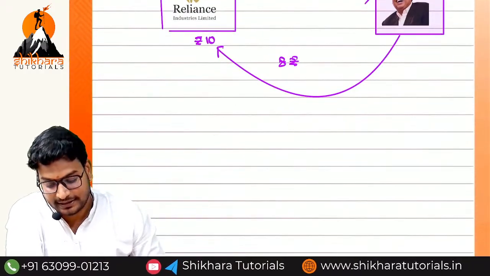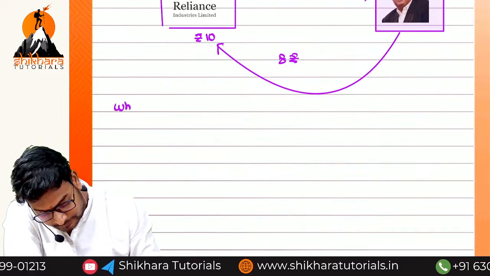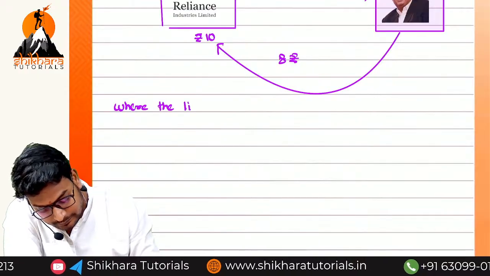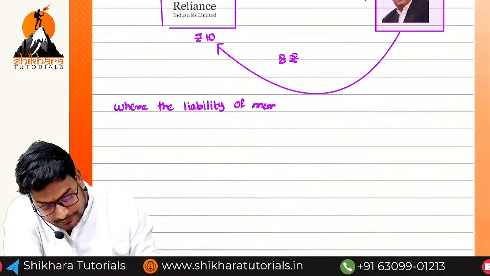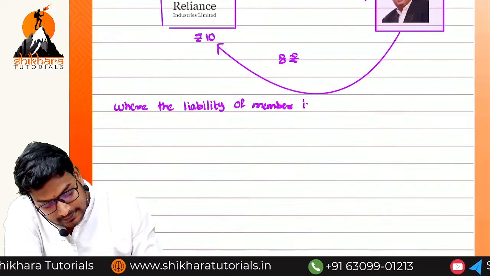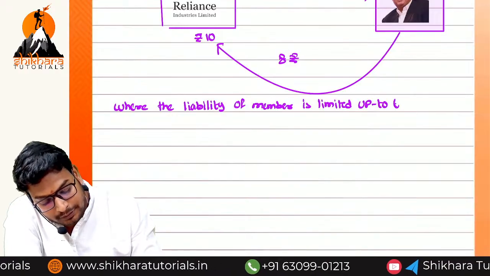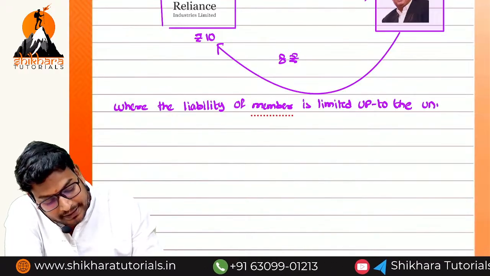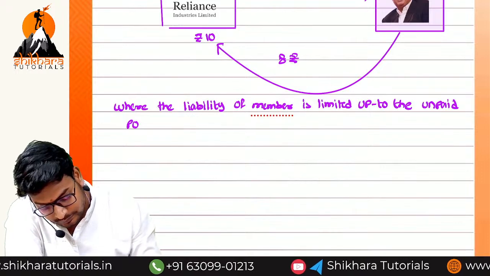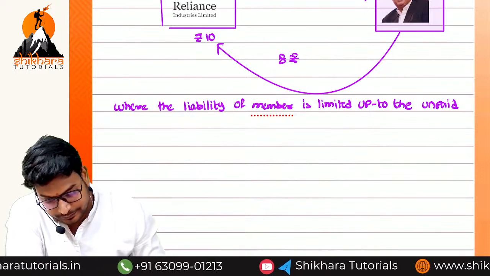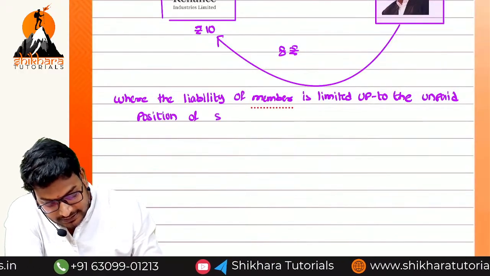So write this point: where the liability of a member is limited up to the unpaid portion of the share.